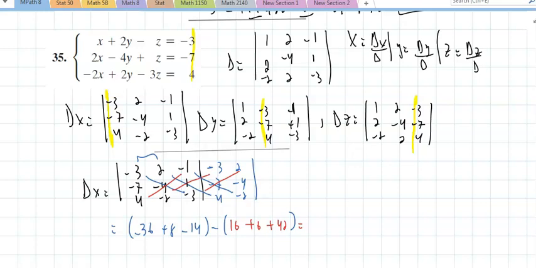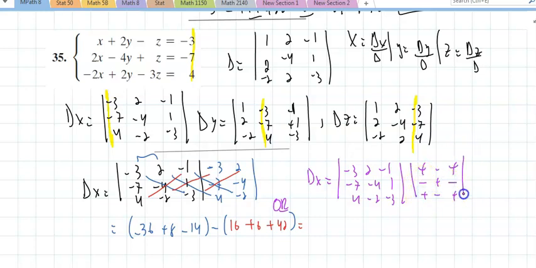Or I could, if I want, say, you know what, forget that. I am going to take D sub x, which is negative 3, 2, negative 1, negative 7, negative 4, 1, 4, negative 2, negative 3. Pick one of those, rows or column, and proceed.